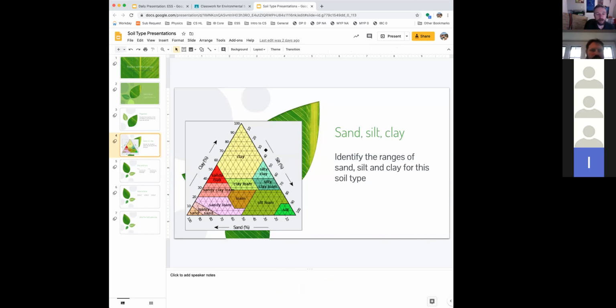So just be aware that you are ultimately talking about one of these soil types, but there's a name that goes along with it based on sometimes the region, based on sometimes what specific organic matter is inside of it. So you're going to see some different names being thrown around.